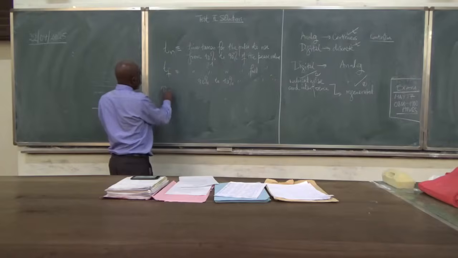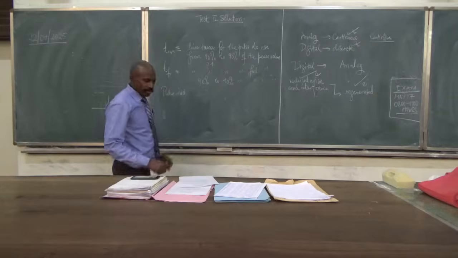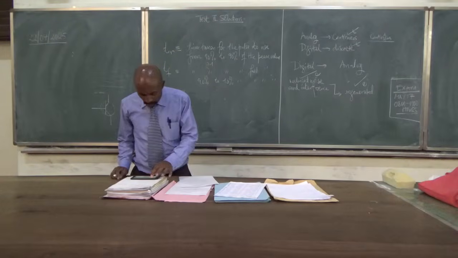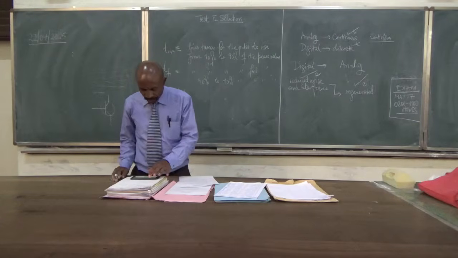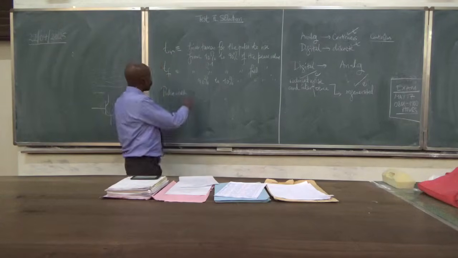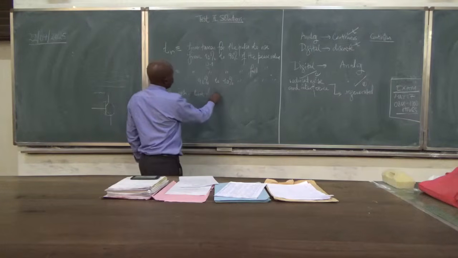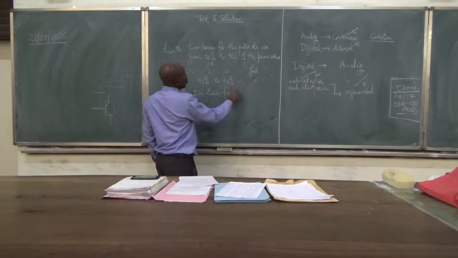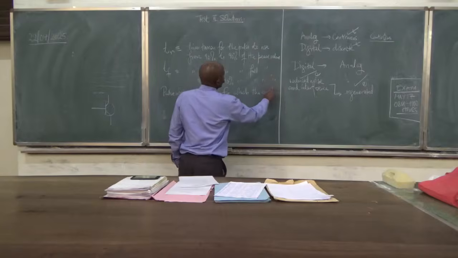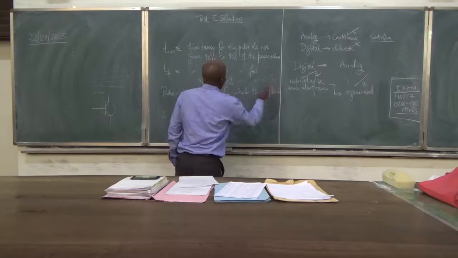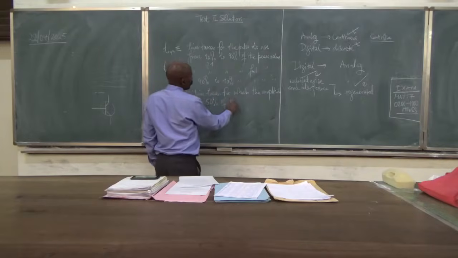Pulse width is the time taken for which the amplitude is greater than 50% of the peak value. Time taken for which the amplitude is 50% of the peak.